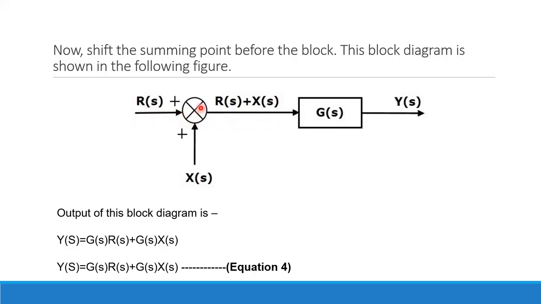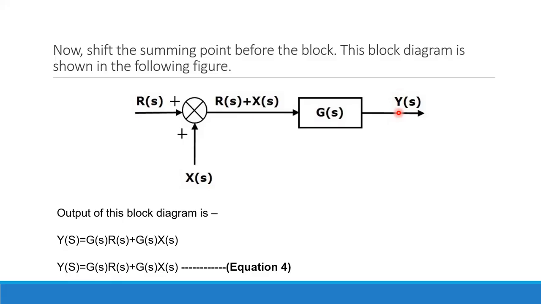Now here at the summing point, R(s) is one input, X(s) is another input. So you get the output from this summing point as R(s) plus X(s), which is given as an input to the block. Since this is an input given to the block, the transfer function or gain of this block is multiplied with this input, and you will get Y(s), that is your output.